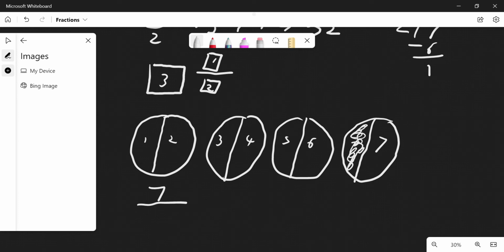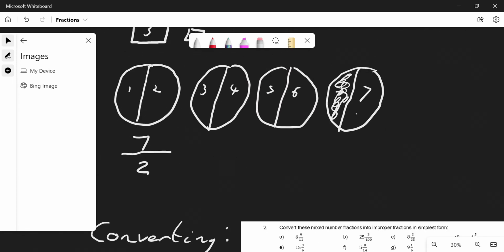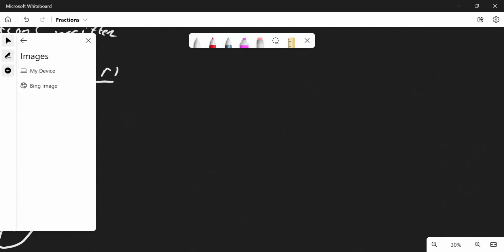So that's how we come to 7 halves. And if you look at the notation of our mixed number, we have 3 wholes and 1 extra half. So you can actually write it as 3 plus a half. We're gonna get to our rules for adding and subtracting fractions, but if you add 3 over 1 plus 1 over 2, our LCD will be 2, so we're gonna multiply this by 2.